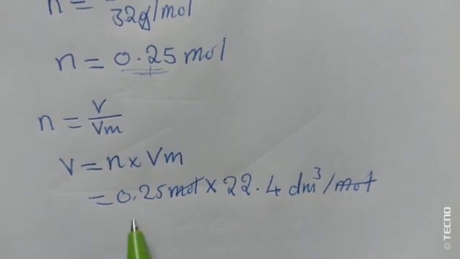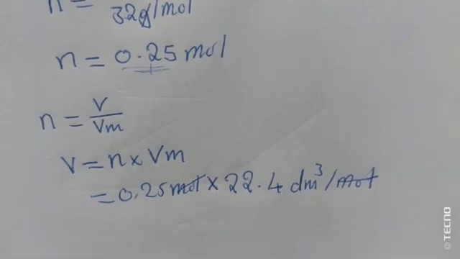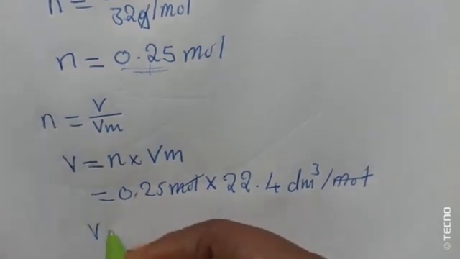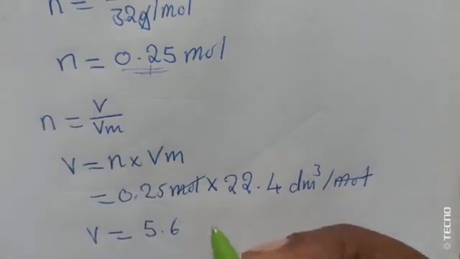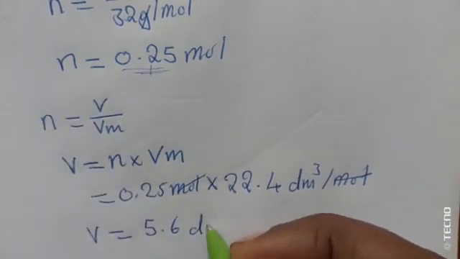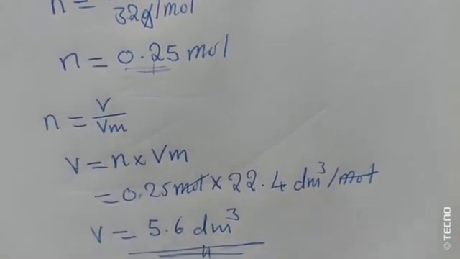Once you multiply 0.25 by 22.4, your answer is volume is equal to 5.6 decimeter cube. So this is your final answer.